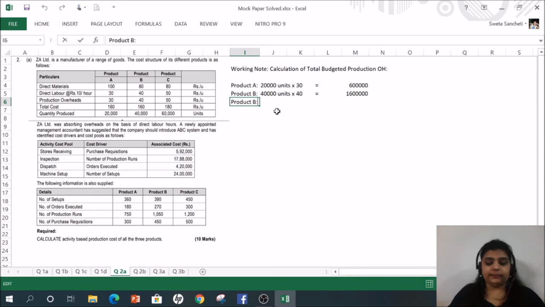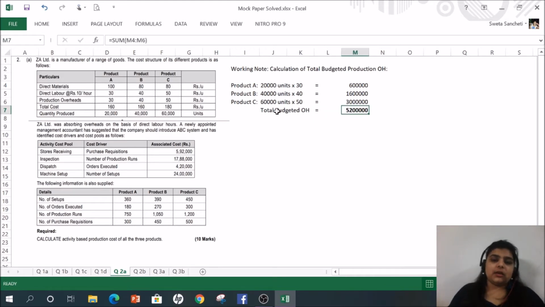Product C, 60,000 units into absorption of 50 rupees, that is equal to 60,000 into 50. So if you see, our total budgeted cost is 52 lakhs. Total budgeted overheads is equal to 52 lakhs.